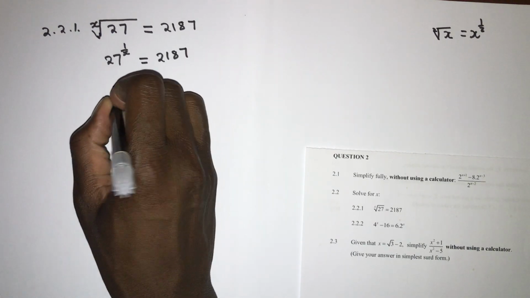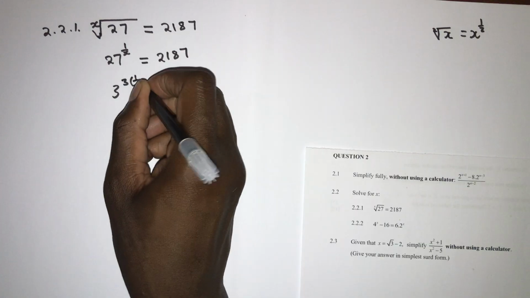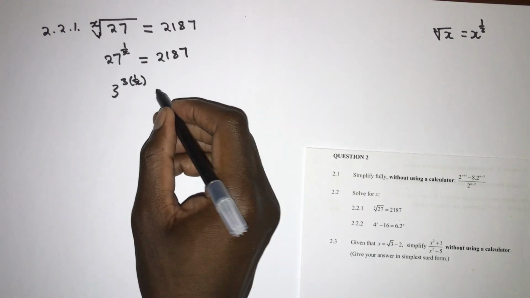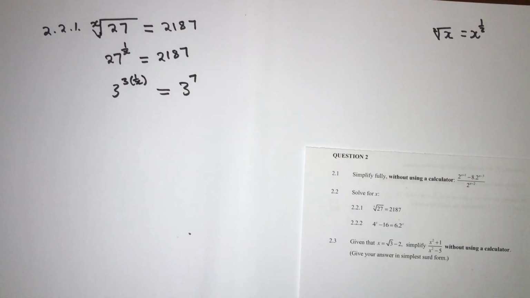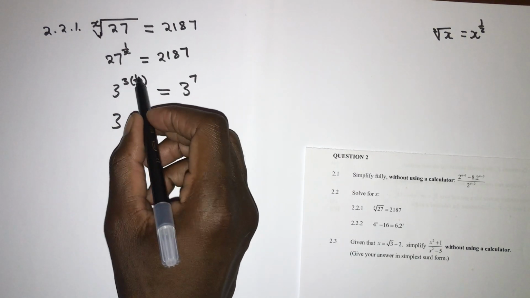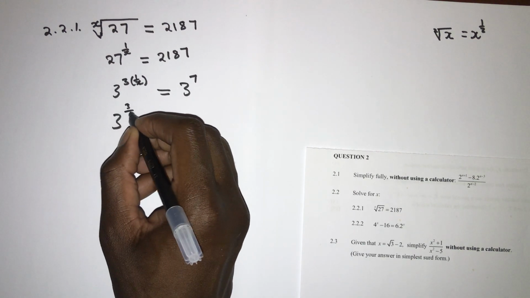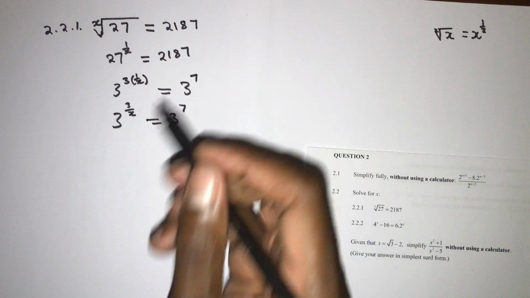So we're going to have 3 to the power 3, then 1 over x. Then it's equals to, this one's going to be 3 to the power 7. So here is 3 times 1 over x is like 3 over x. Then it's equals to 3 to the power 7.